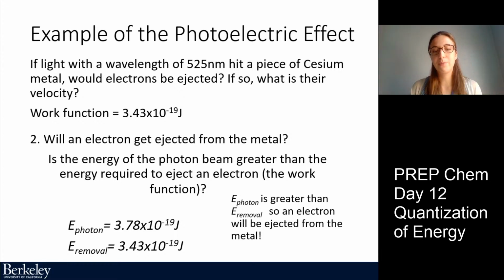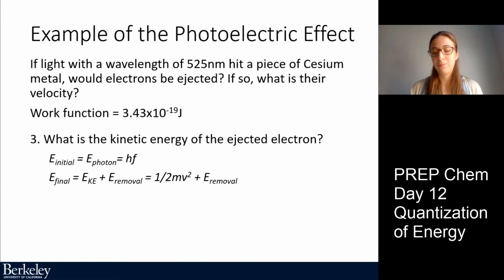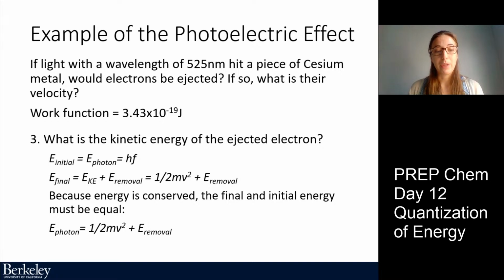Okay, so let's move on to the next part of the problem. We can ask, what is the velocity or the kinetic energy of the ejected electron? You can calculate this by relating the initial energy of your system to the final energy of your system. Because energy is conserved, we know that these must be equal.